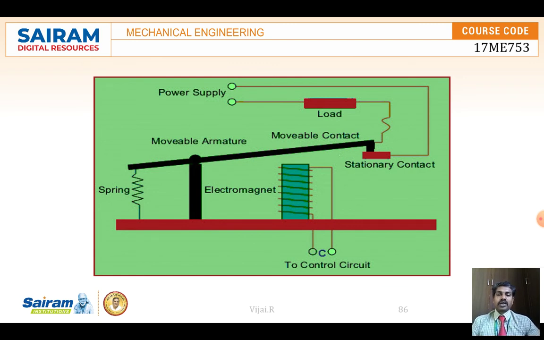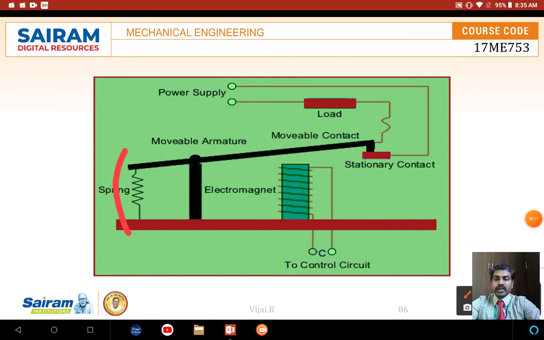One more relay diagram is here also. You can see this. When the electrical supply is given, the electromagnet pulls this movable armature, so that it makes a contact at this top. Then the circuit is going to be closed. When it is switched off, due to the spring action, we can see a spring here.